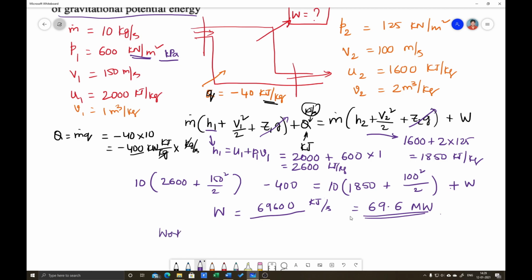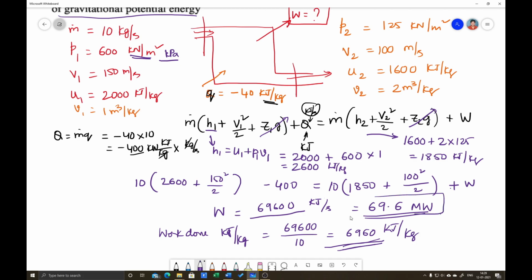So if work done is asked in terms of kilojoule per kg, then it will be 69,600 by 10, which is 6960 kilojoule per kg. This is work done per kg of fluid, and this is total work, which is 69.6 megawatts or 69,600 kilojoules per second.